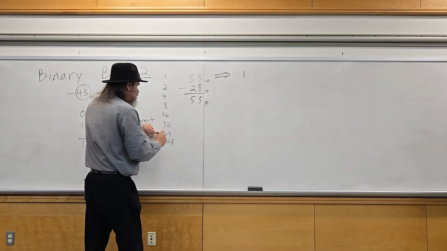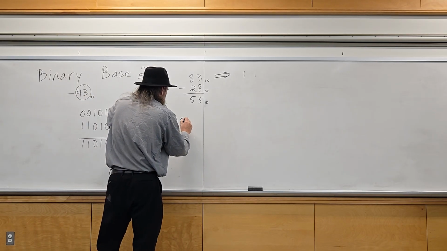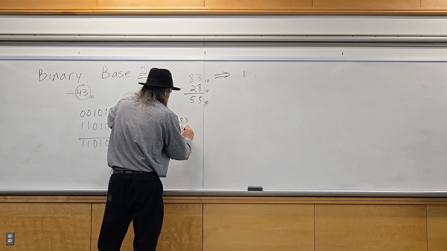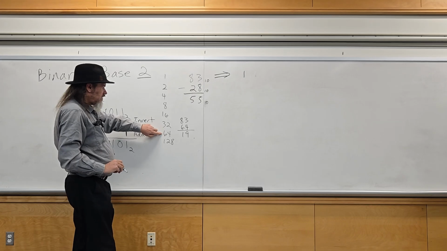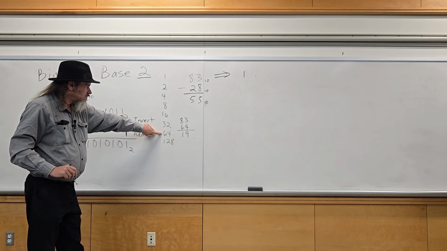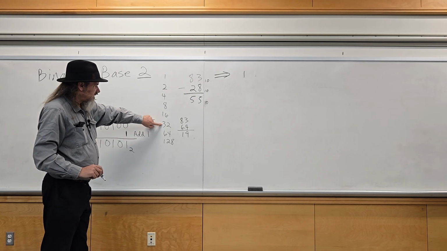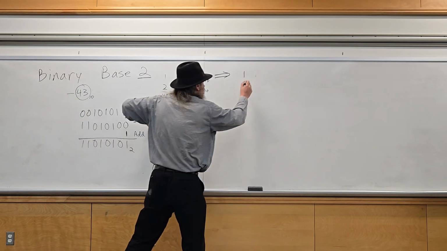And then 83 minus 64 is 19. Can't get a 32, so put a 0 there.